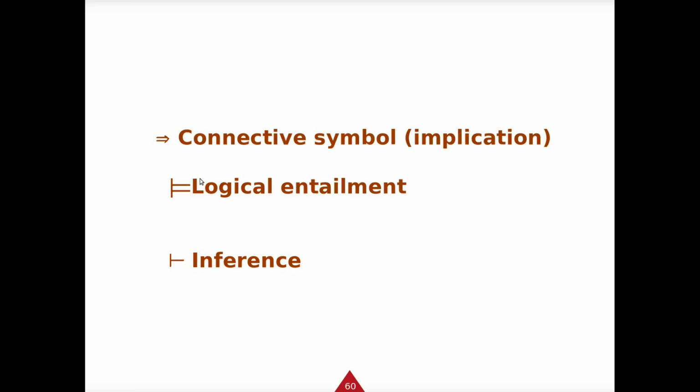And just as a refresher, this horizontal line with two vertical lines is logical entailment, and this horizontal line with one vertical line is an inference. So the knowledge base logically entails alpha if and only if the knowledge base implies alpha is valid.